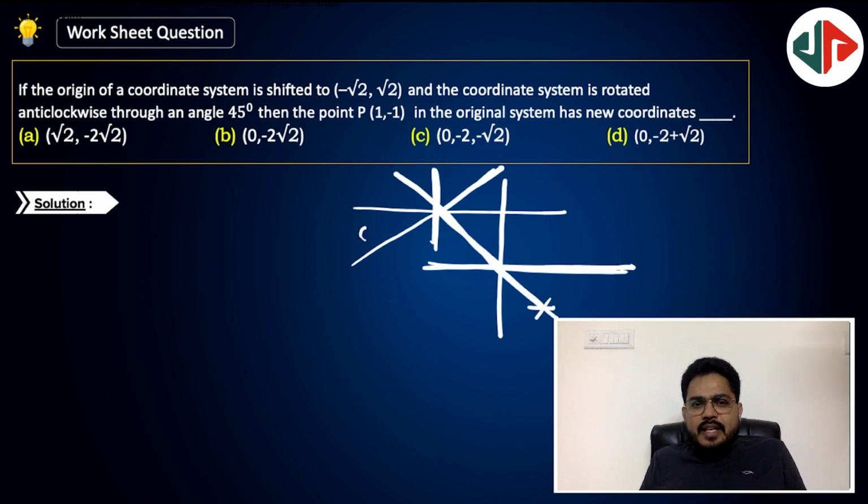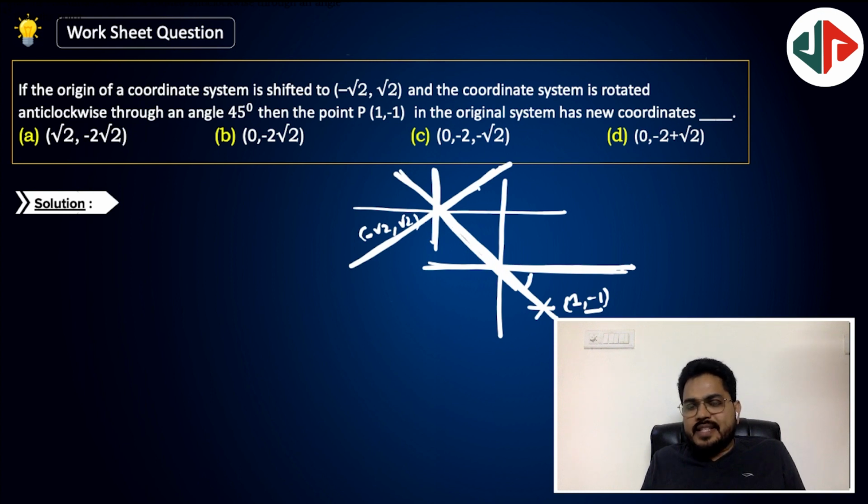This is minus root 2 comma root 2, and this is 1 comma minus 1. So with this one, this is the new x-axis and this is the new y-axis, because this point is at an angle of 45 degrees only, negatively. So when it is moved 45 degrees, this will become the y-axis.